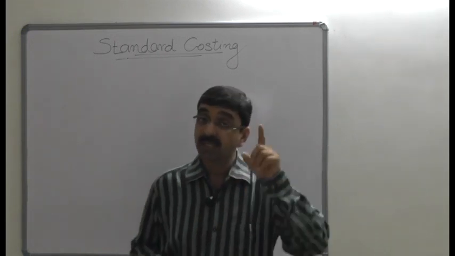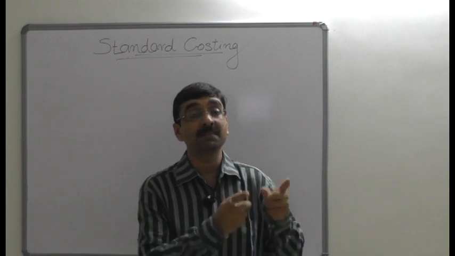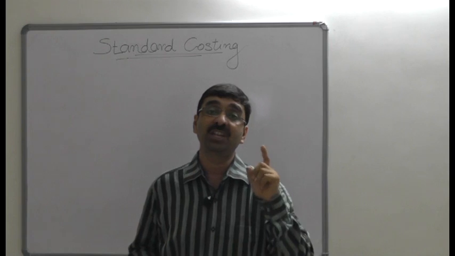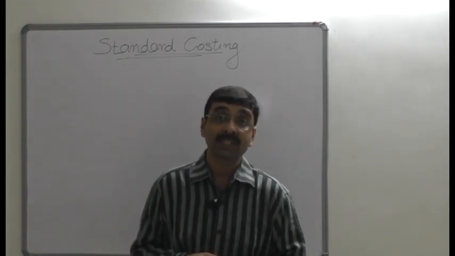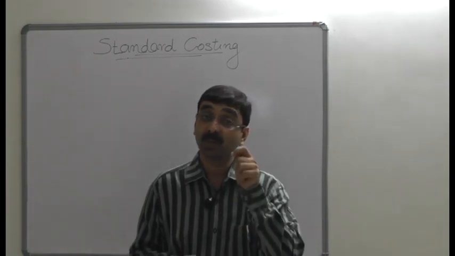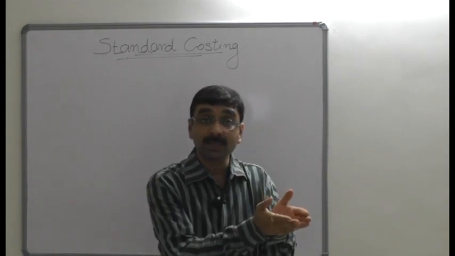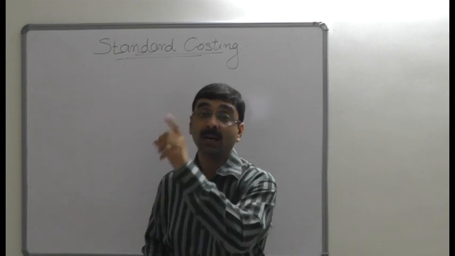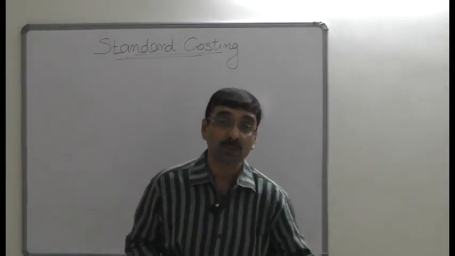That means it is not only based on certain principles, but there are many factors affecting and changing the elements of cost. These factors are carefully studied before determining a standard. When you fix your standards, when you target your standards, you need to observe and study properly how the standard can be affected when you use this technique.